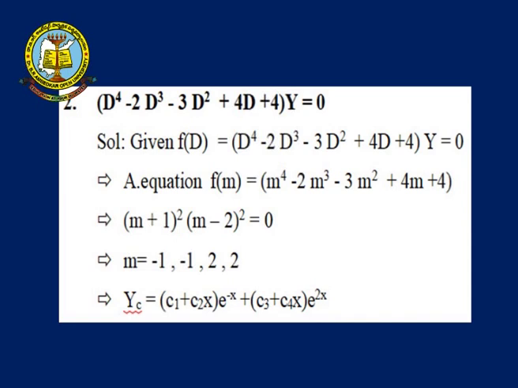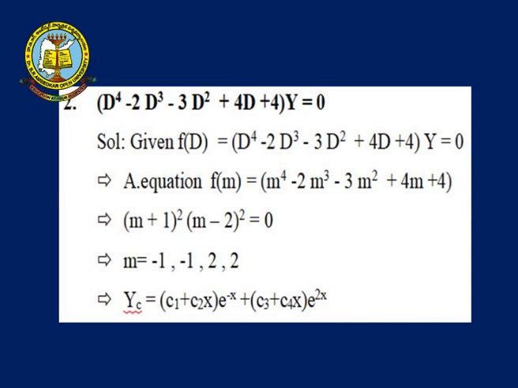Here the roots are m equal to minus 1, minus 1, and 2, 2. Two roots are equal to minus 1, and another two roots are equal to 2. Because it is fourth order, we will have a solution with 4 constants. So here y c equal to c1 plus c2 x into e power minus x, that is the first equal root solution, plus the solution for the other equal root, which is 2.